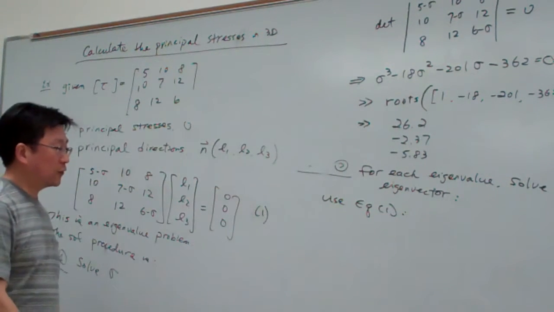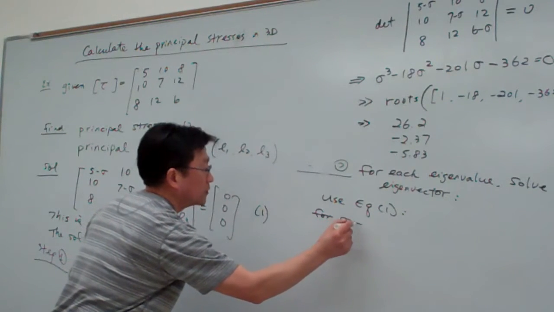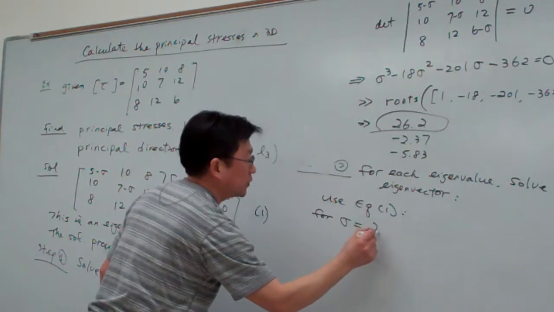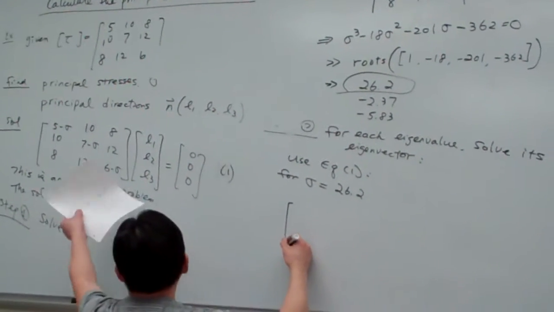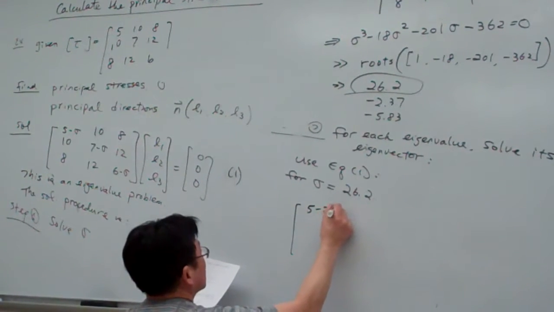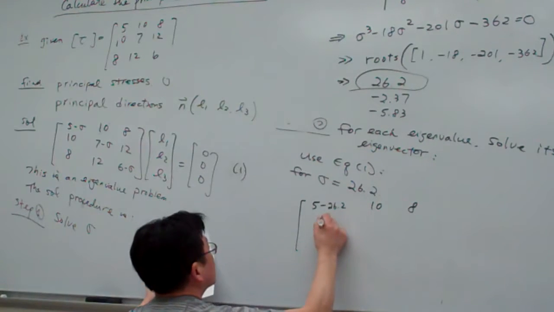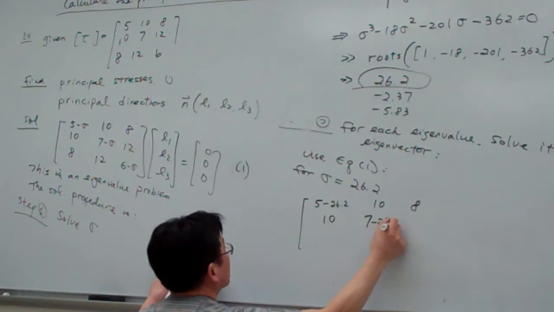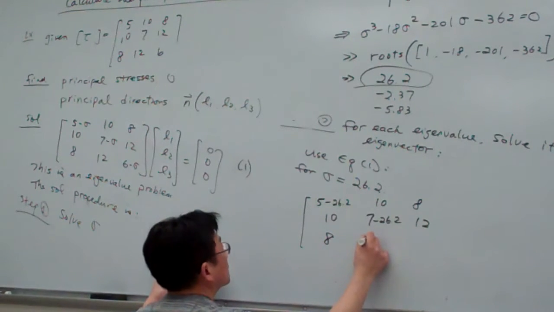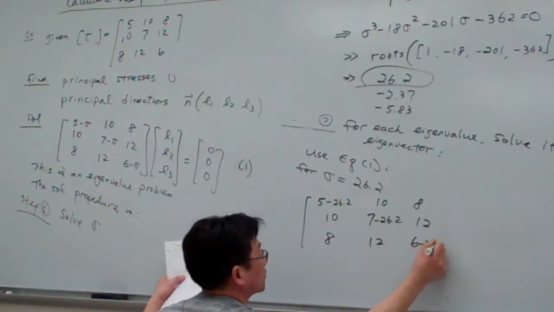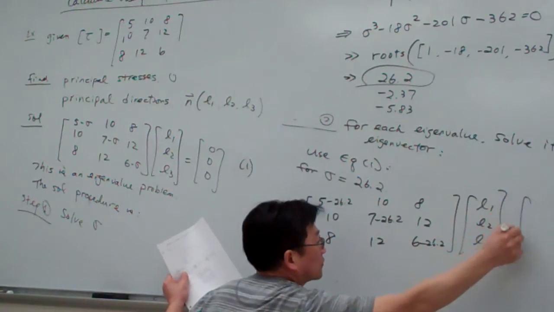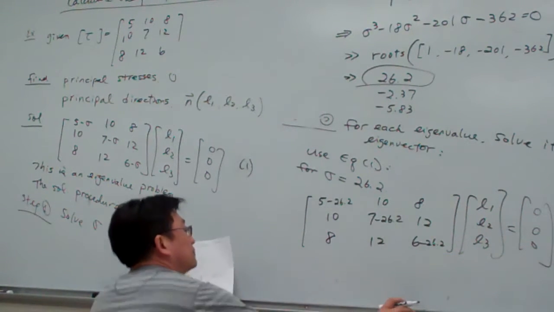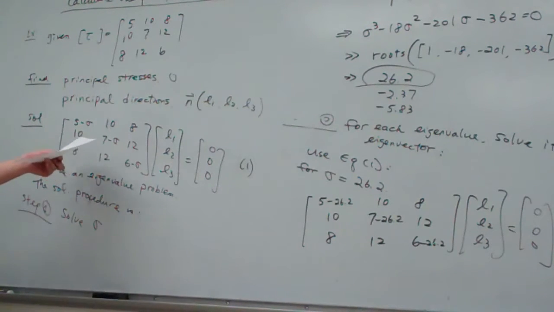For the first one, sigma equal to 26.2, we introduce the sigma into here: 5 minus 26.2, 10, 8, 10, 7 minus 26.2, 12, 8, 12, 6 minus 26.2, and then L1, L2, L3 equal to 0, 0, 0. We simply introduce sigma into the template of this equation.